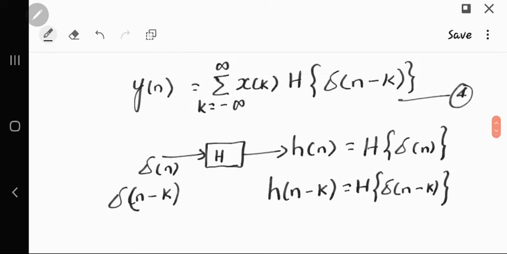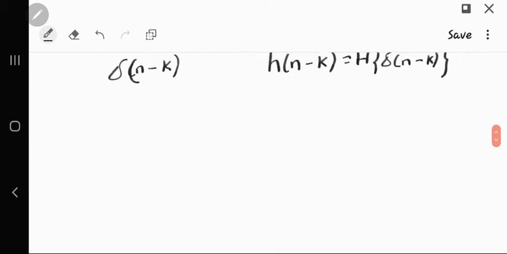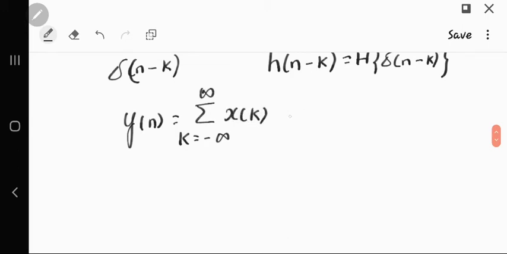Now, you can observe I can replace h of delta n minus k with h of n minus k by this phenomenon. So, therefore, equation 4 becomes y of n is equal to summation k equals minus infinity to plus infinity x of k h of n minus k.